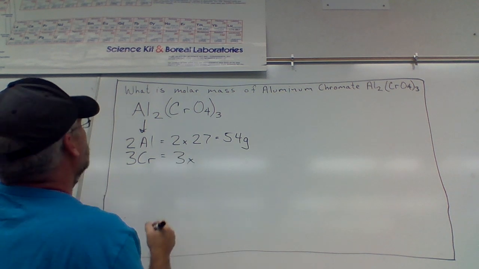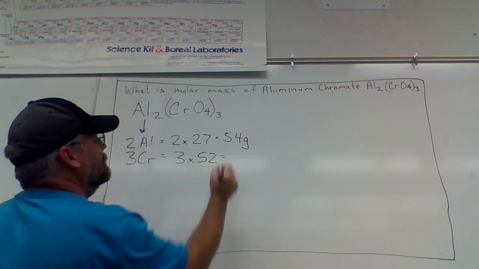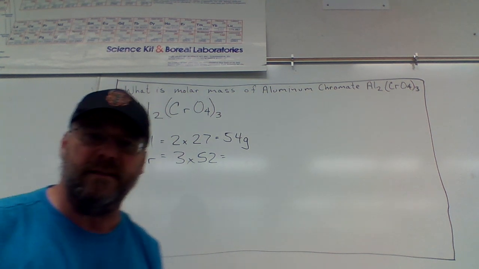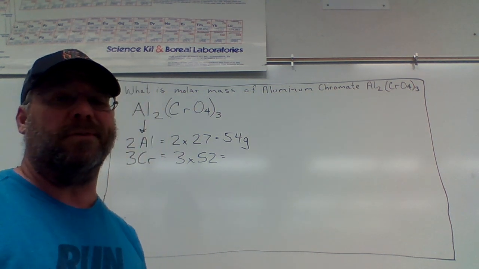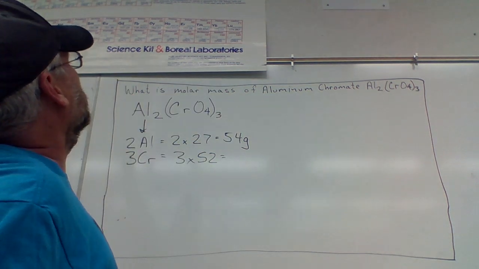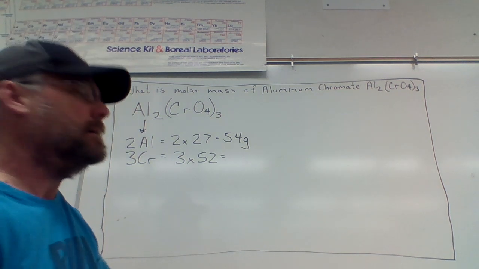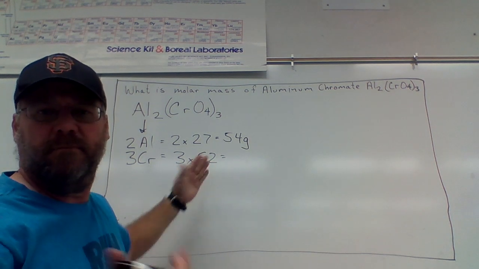So 3 chromiums, and if we go to our periodic table, chromium is 52. Rounding to the nearest whole number can be very helpful. Aluminum is actually 26.98, and chromium is 51.996. Make the math easier on yourself.